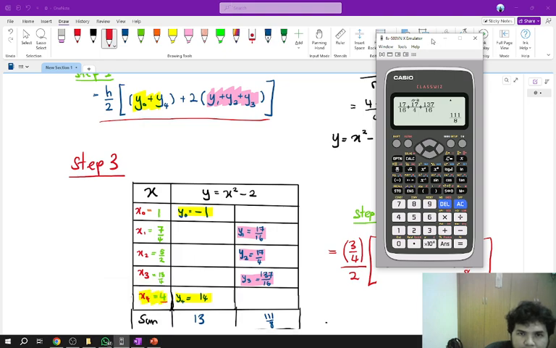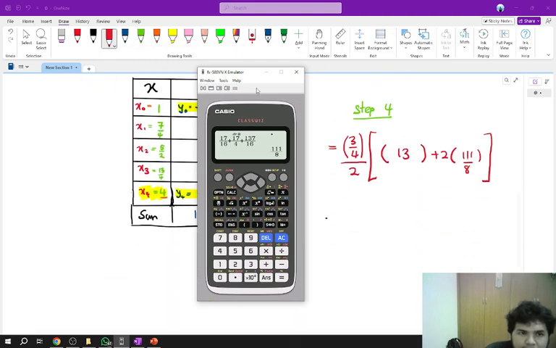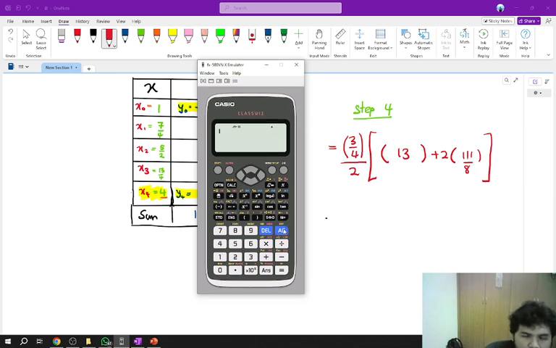Okay, then we just simply calculate the answer. For the old model calculator, you need to press it part by part, not in one go. You have to press inside the bracket first, then the outside part. But for the new model, you shouldn't have an issue getting the answer. So let's press.